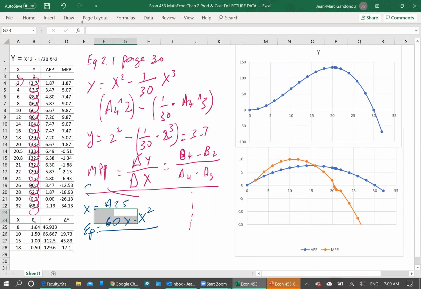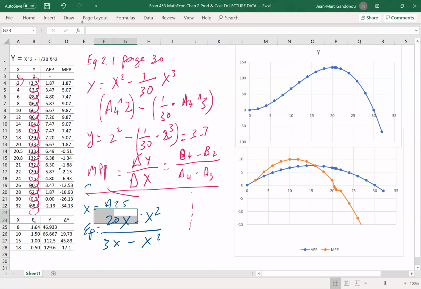Okay, so the elasticity is 20x minus x squared over, and this is the same as 60x minus 3x squared. Okay, so I simplified. And so that's the function I have there then.